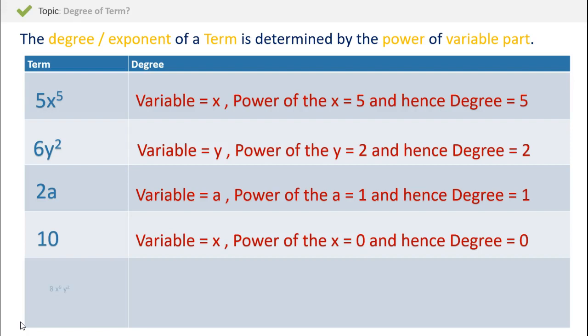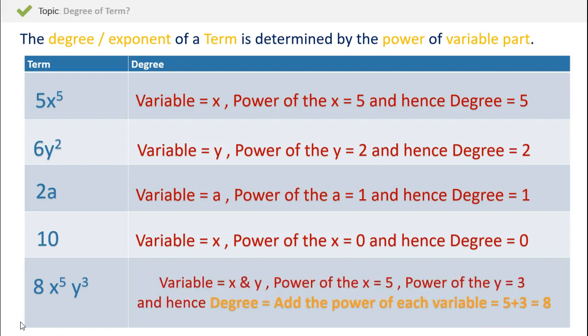and hence the degree of 10 is 0. Let's take another example where you have a mix of variables within the term, like multiple variables within the term. Here 8x to the power 5 y to the power 3 is an example where I have two variables x and y, and the power of x is 5 and the power of y is 3, and hence the degree of the term will be achieved by adding the power of each variable.